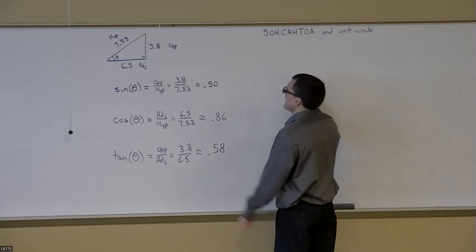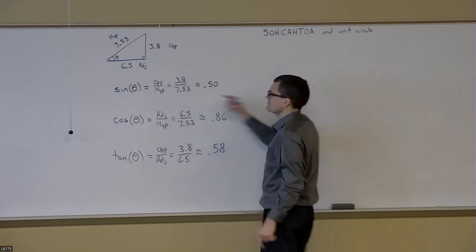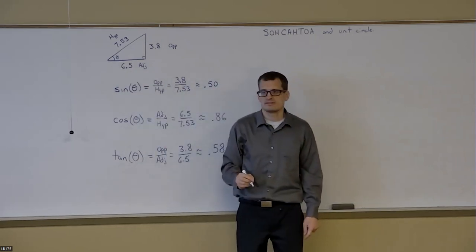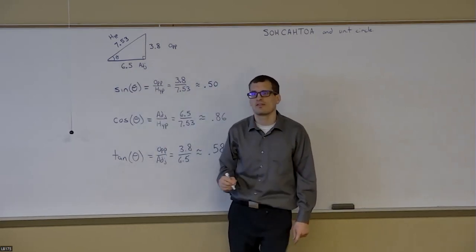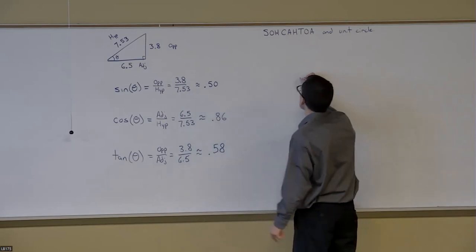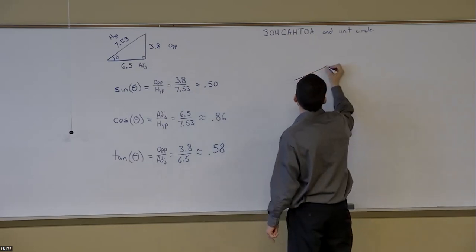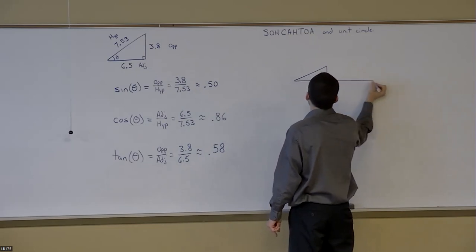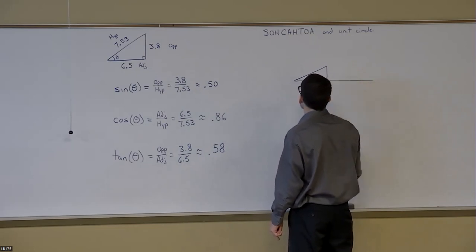So let's say I have a triangle that looks like this. Okay, so I have a triangle, looks something like that. We have a right triangle here.